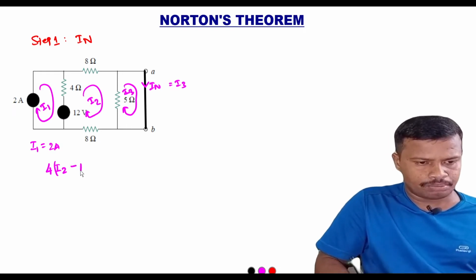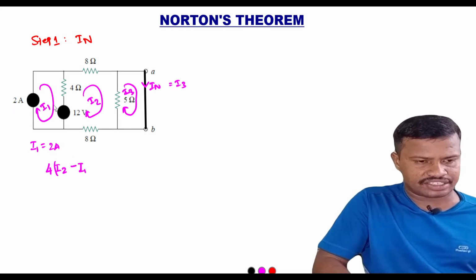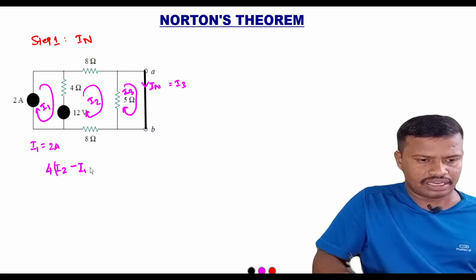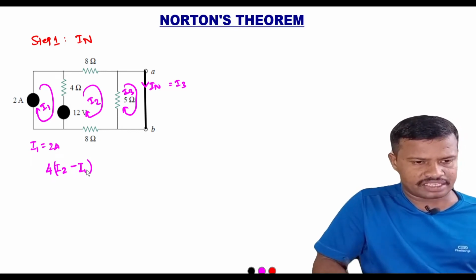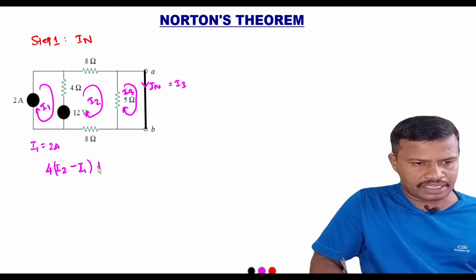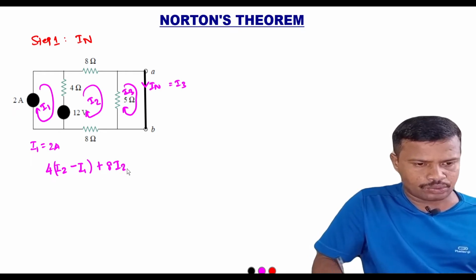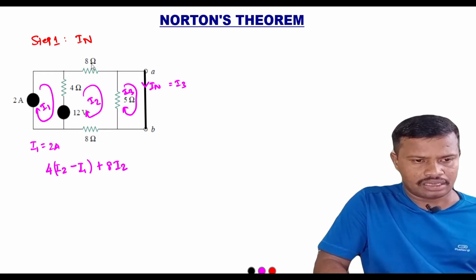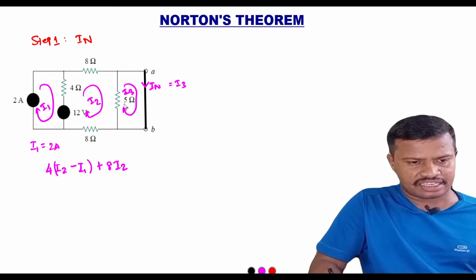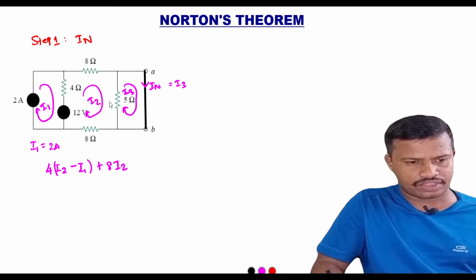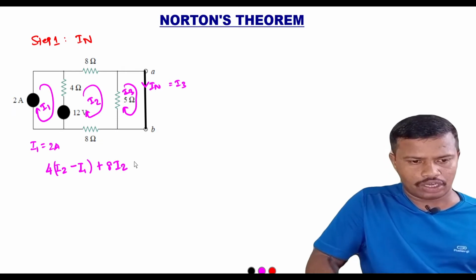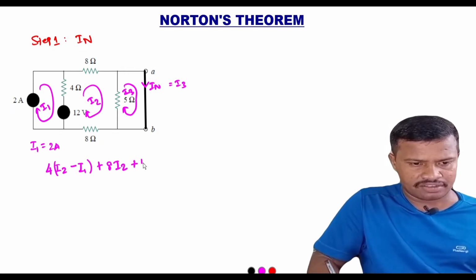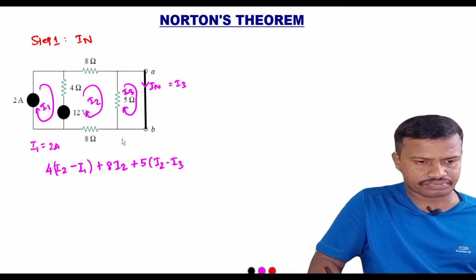So I2 minus I1, as the direction of current I1 is opposite to that of I2, then plus 8 I2. The current flowing through the 8 ohm resistor is I2, and the voltage drop across it is 8 into I2. Here the 5 ohm resistor is there. The current flowing through it has the influence of I2 and I3, but both are opposite in direction. So we write plus 5 into I2 minus I3.